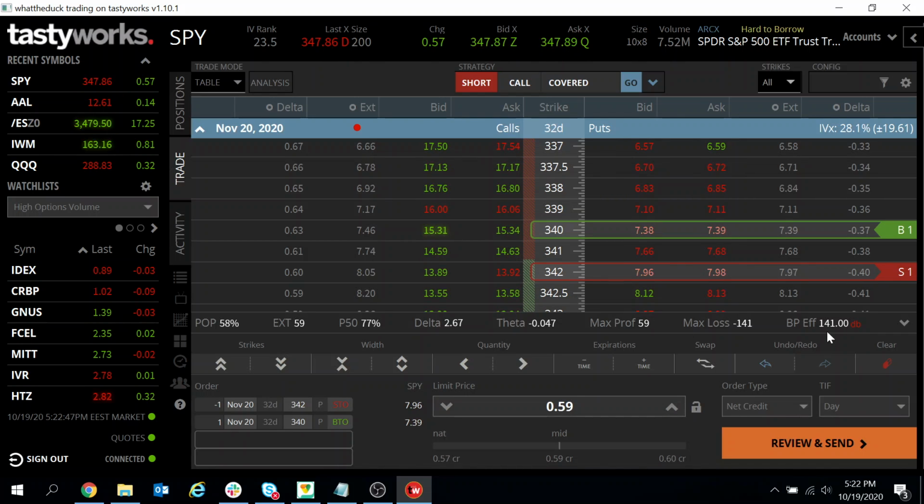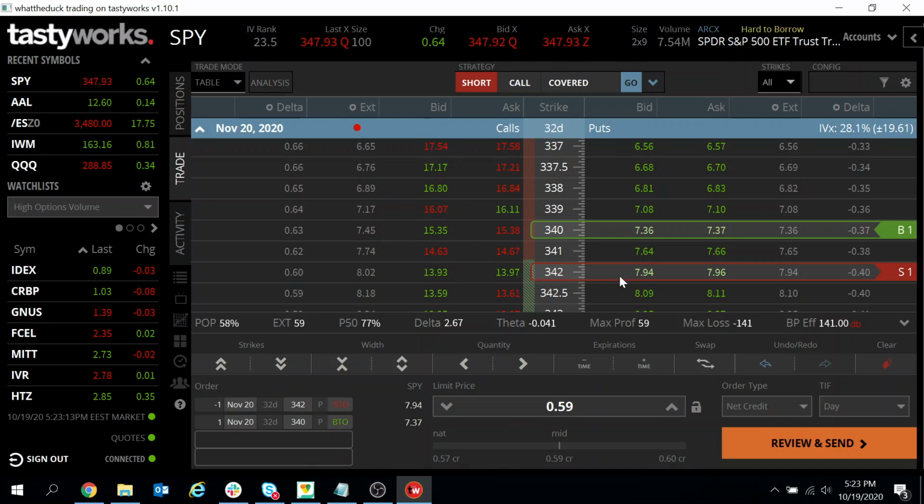Why is that? Because our max profit also decreased. The difference between what we're selling right here and what we're buying right here to limit our downside is 59 cents. It's $59 because it's always 100 shares of SPY, and that is $59.